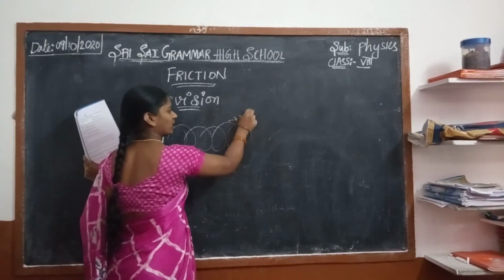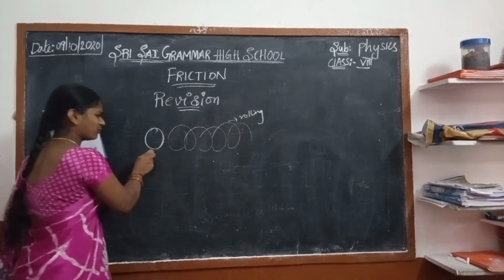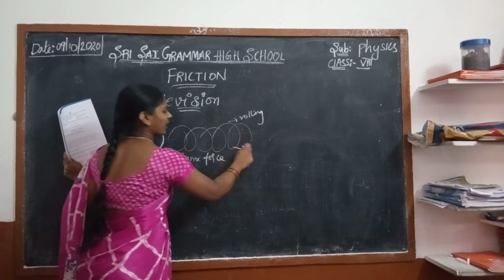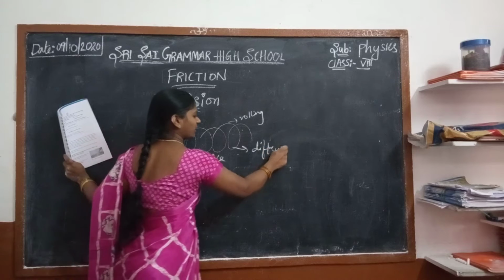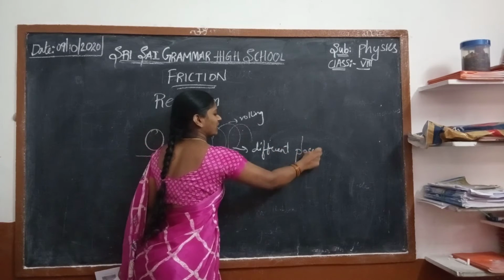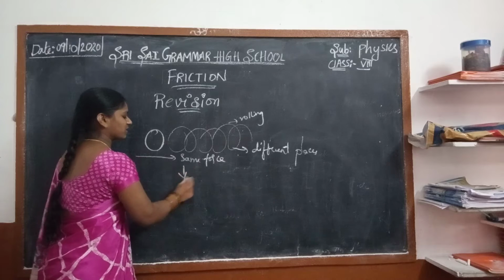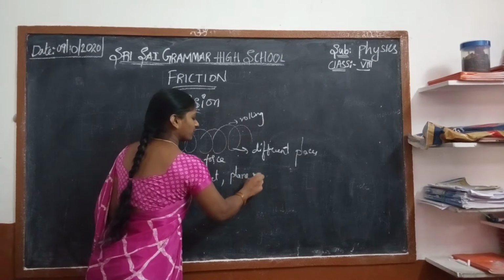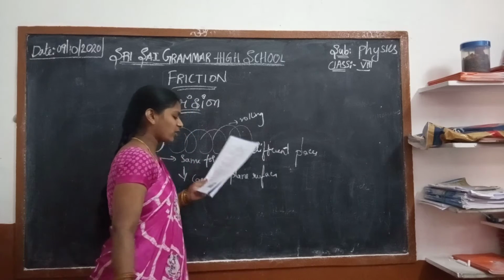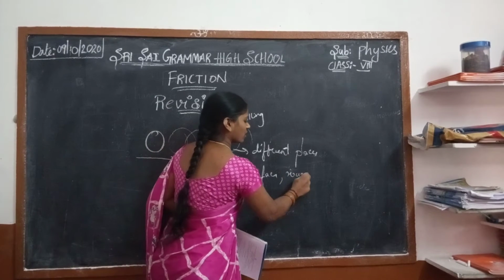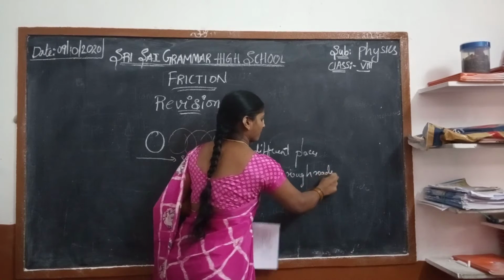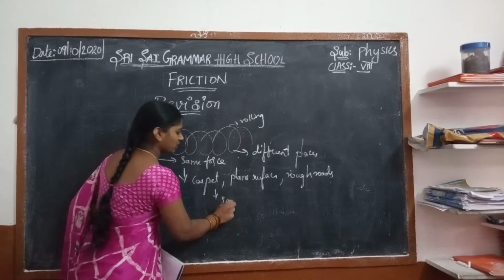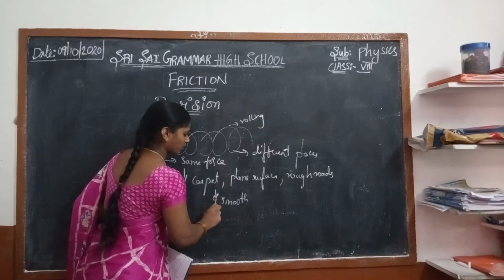So when it is rolling on the same surface with the same force, on the different places, for example carpet, on the plane surface, and also on rough roads, and the smooth floor.